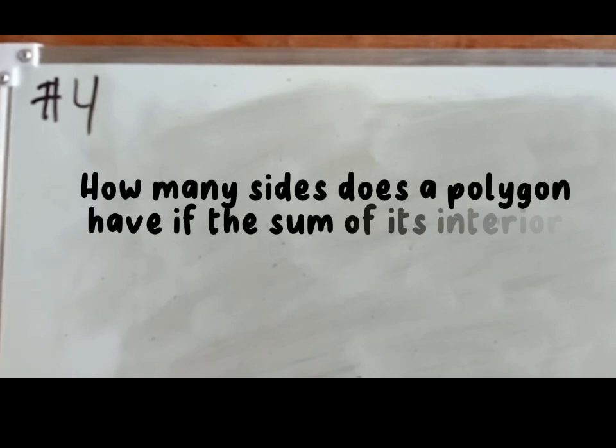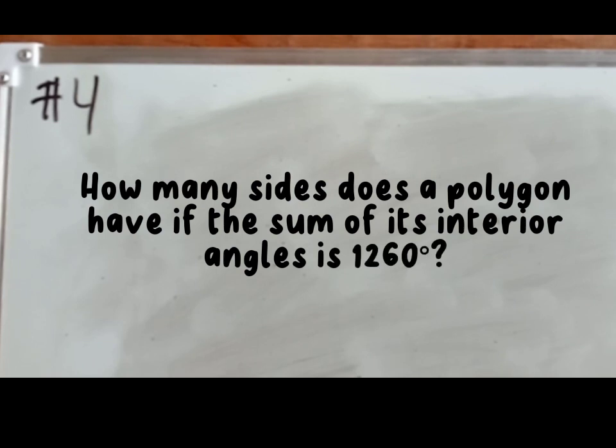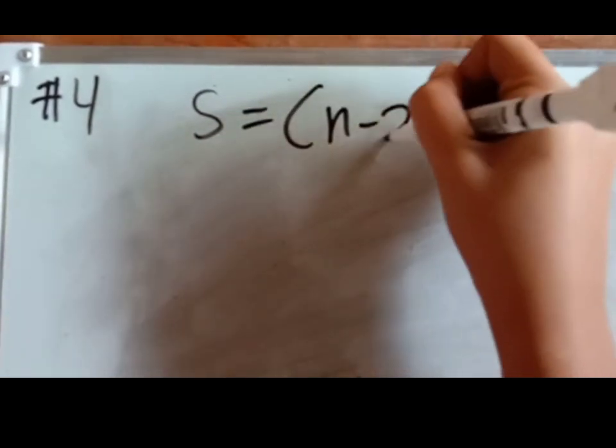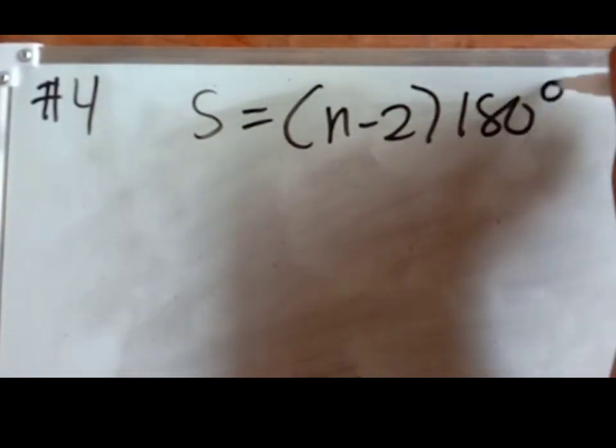Let's now proceed to our problem number 4. Our problem number 4 is, how many sides does a polygon have if the sum of its interior angles is 1,260 degrees? So, in solving this problem, just like problem number 1 and problem number 2, we will be using the formula S is equal to the quantity of n minus 2 multiplied by 180 degrees.